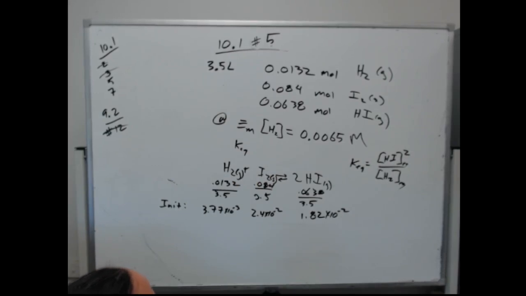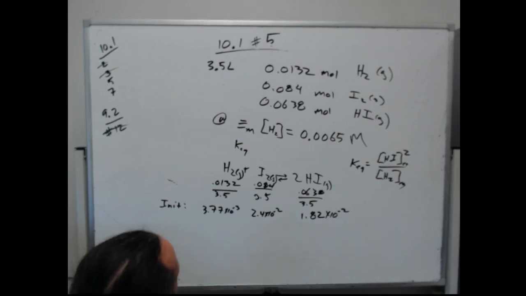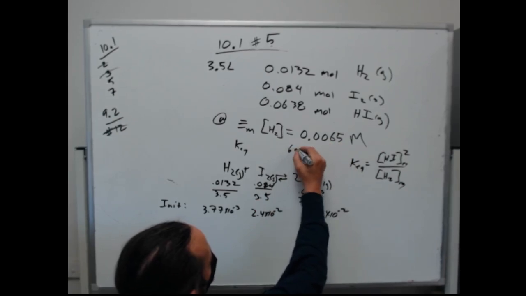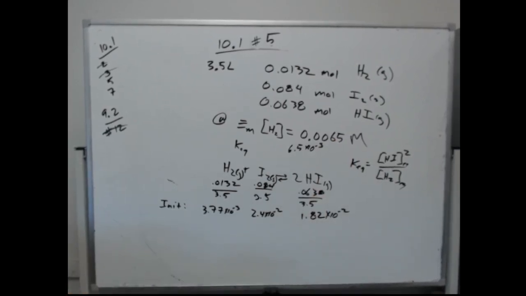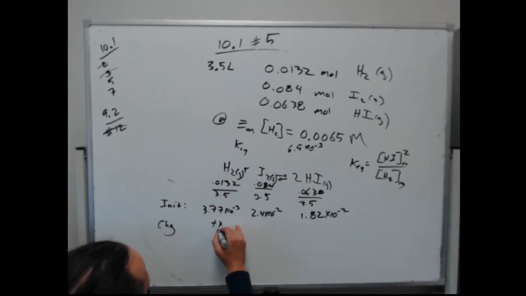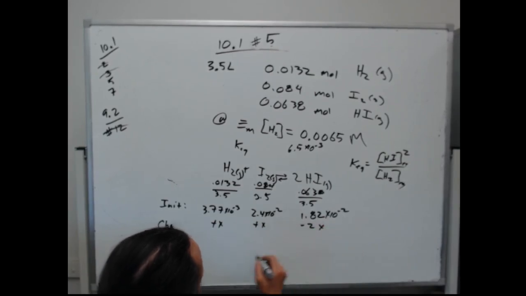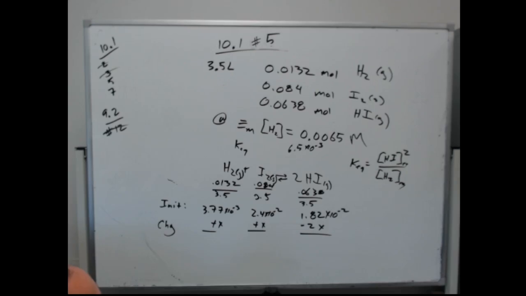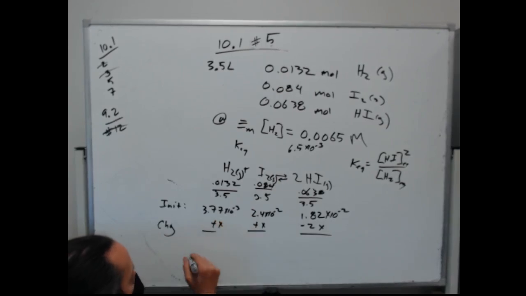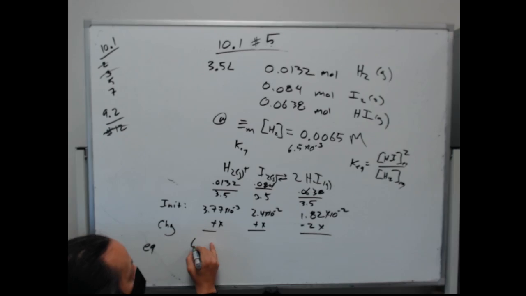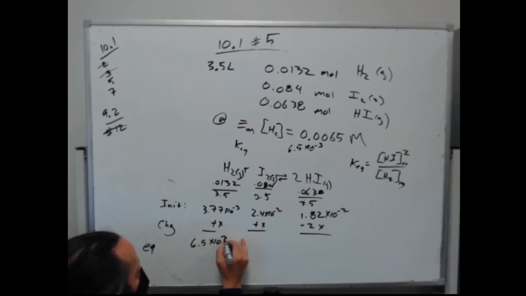Oh, this is funny. Notice my initial concentration is 3.77 times 10 to the minus 3, and my equilibrium concentration of H2, 6.5 times 10 to the minus 3, has actually gone up. So that means during my change step, I'm going to have a plus x, minus 2x. I can figure out this x because I know at equilibrium, this is 6.5 times 10 to the minus 3.